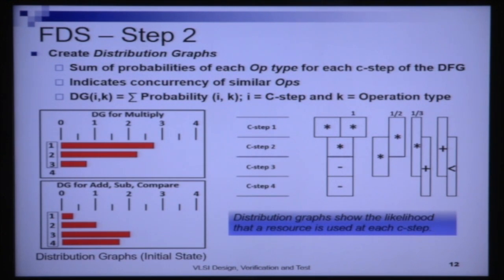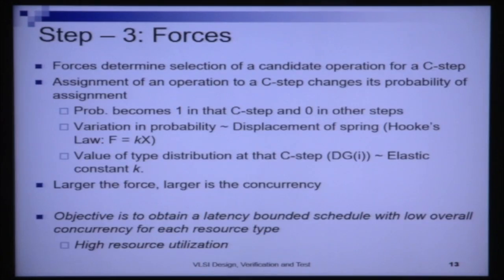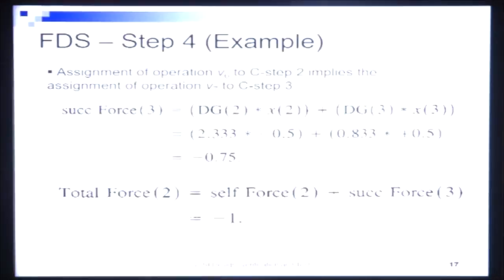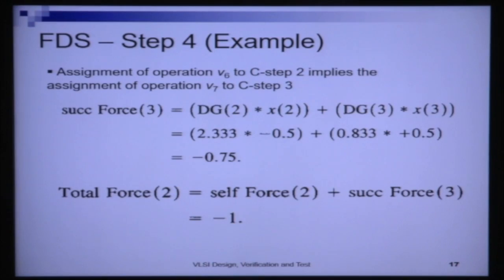This is because in time step 3 I can schedule either V7 or V8, and the probability of V7 is half and the probability of V8 is 1/3. So, 1/3 plus half is the total distribution value at time step 3, and that equals 0.833. So, the total successor force is minus 0.75. Why?